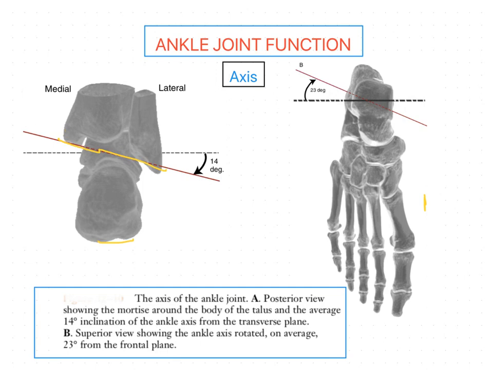Okay, so again we will see. The joint axis passes approximately through the fibular malleolus and the body of the talus and through or just below the tibial malleolus. This is the axis for ankle joint motions.